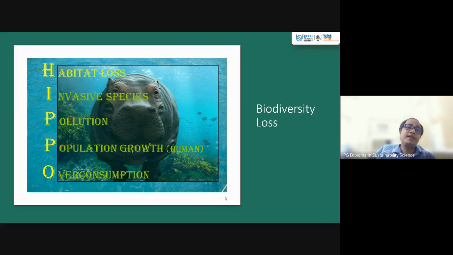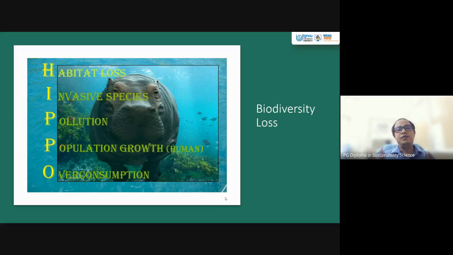Another cause is invasive species, species which grow easily anywhere. If they come in, they will overtake the natural species there and ruin the life cycle of different species. For example, Lantana camara and Prosopis juliflora, which was very common in India, especially in Delhi.